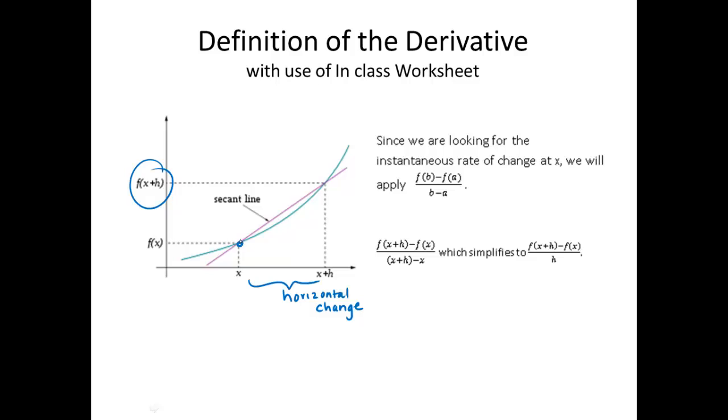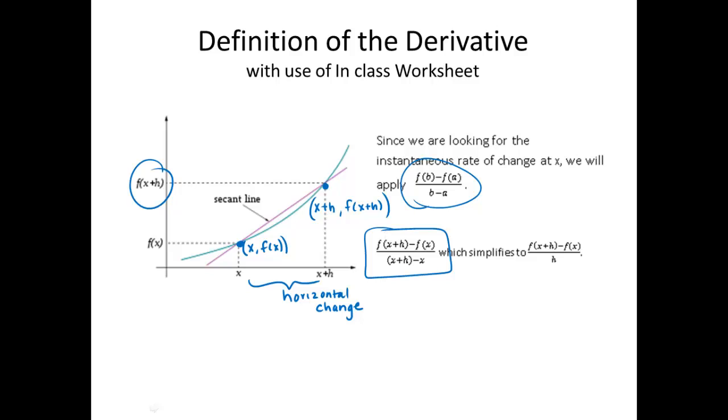So I'm going to name these two ordered pairs as x comma f of x, and this one as x plus h comma f of x plus h, just like we did f of a comma a and b comma f of b. So if we apply this formula, which we wrote on the previous page, which is merely slope, to these ordered pairs, we get this.